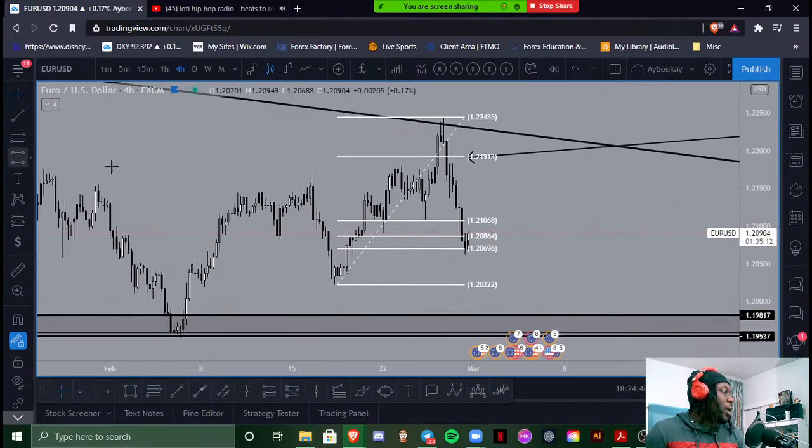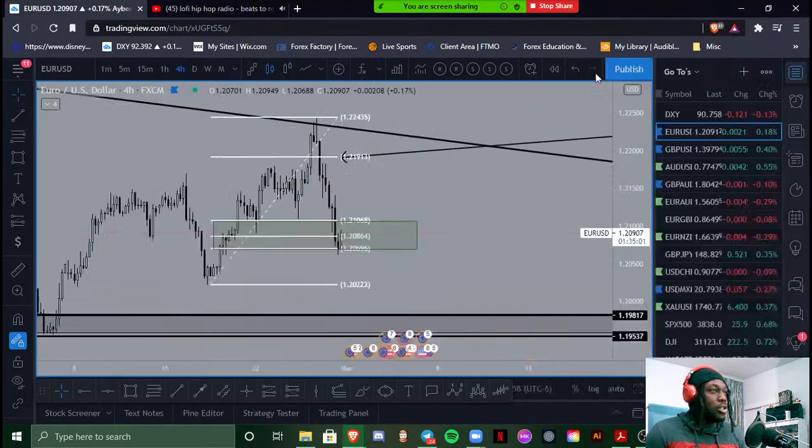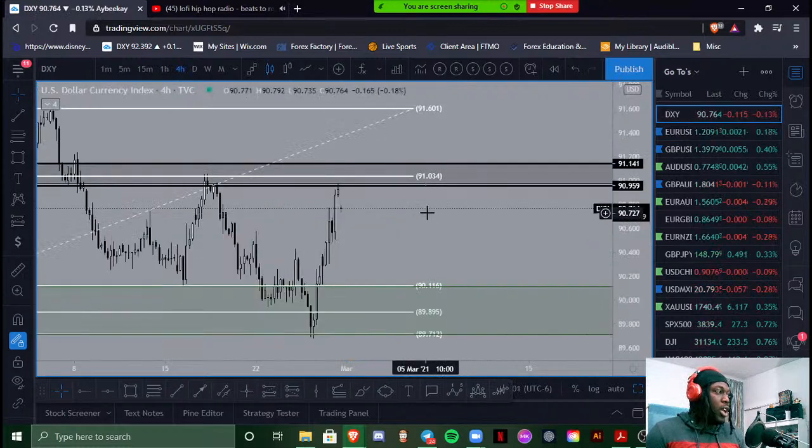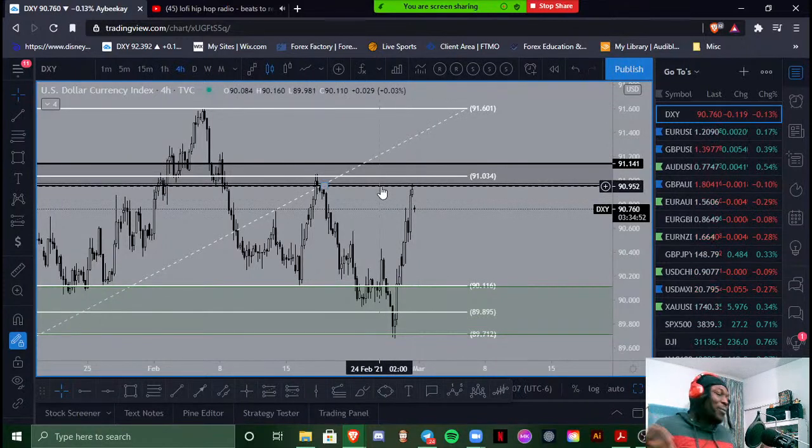I see this really possibly holding right here, and if it does hold, it can go bullish. And with how it looks on the opposite side, well, I'll get to arbitrage first, in a moment. If the DXY is holding right here, yes, I do see this gap, but I'm not confident that it's gonna go bullish quite yet.